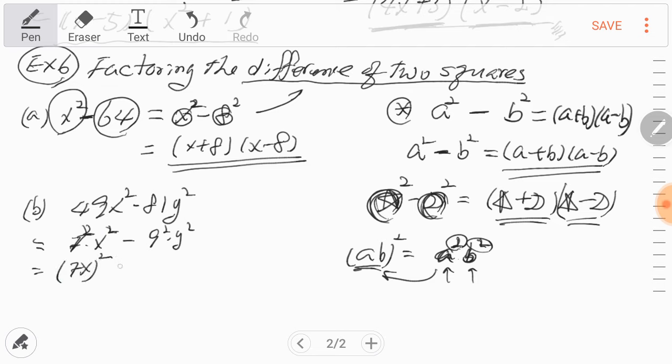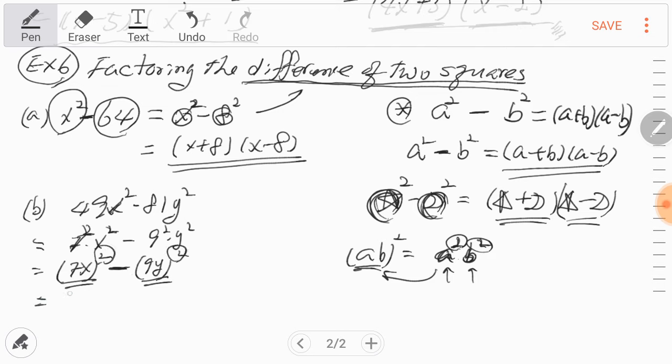7x squared minus 9y squared. Because 7 squared is 49, x squared is x squared. And the second term is 9 times 9 is 81, y squared. So we made this one a difference of squares. So if it is a binomial, always check whether this expression satisfies the difference of two squares. So this is the difference of two squares.